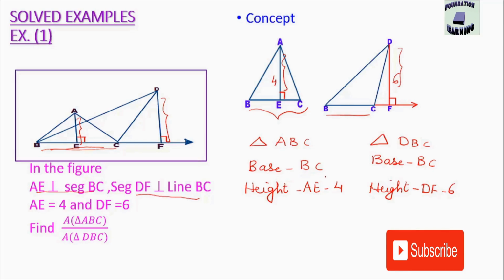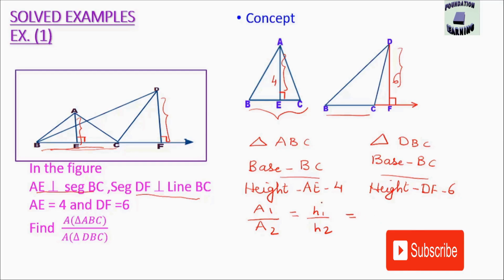Now it is given that both have the same base, that is BC. So which formula will we take? We'll take the formula A1 upon A2 is equal to H1 upon H2, right? Because the bases are equal.